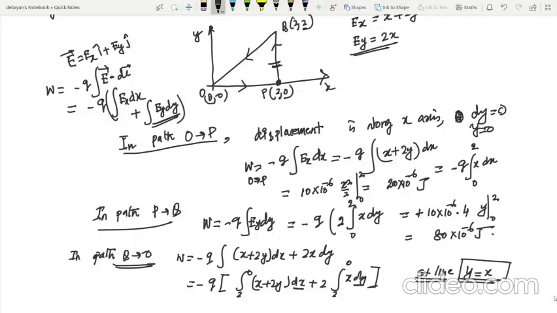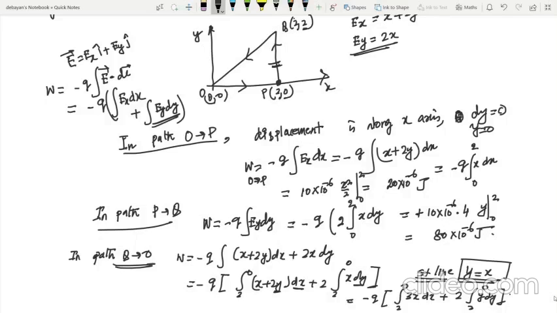When you are dealing with dx, you put x in place of y, and since you are dealing with dy, you have to put y in place of x. So it is nothing but the integral from 2 to 0 of 3x dx, and that is 2 to 0, y dy. Now if you integrate it, it will be minus 100 into 10 to the minus 6 joule.